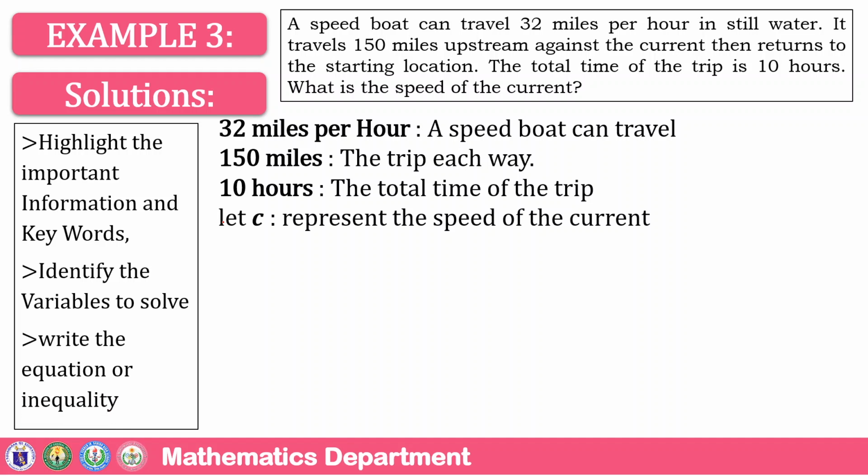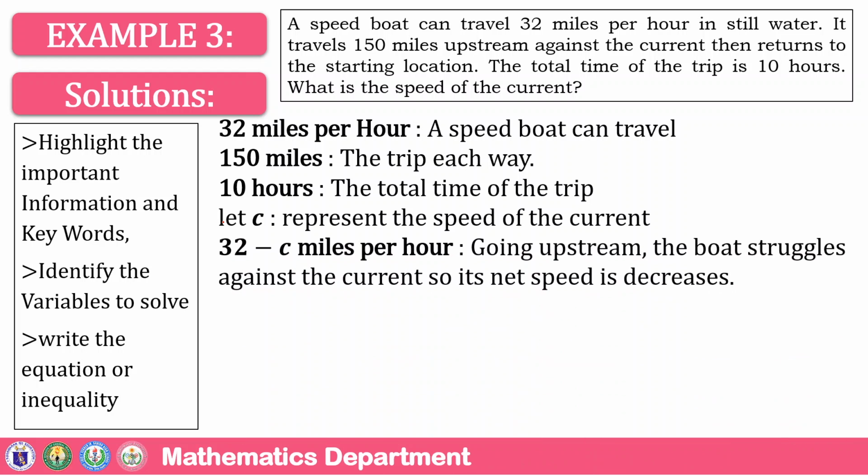So, now, write natin yung equation na ma-form. Sabi dito, going upstream, the boat struggles. Pagka nag-struggle tayo against the current, nangyayari, yung speed ng boat natin is nagde-decrease. Ibig sabihin, bumabagal siya, di ba? Kasi, pasalungat yung kanyang takbo doon sa agos ng tubig.